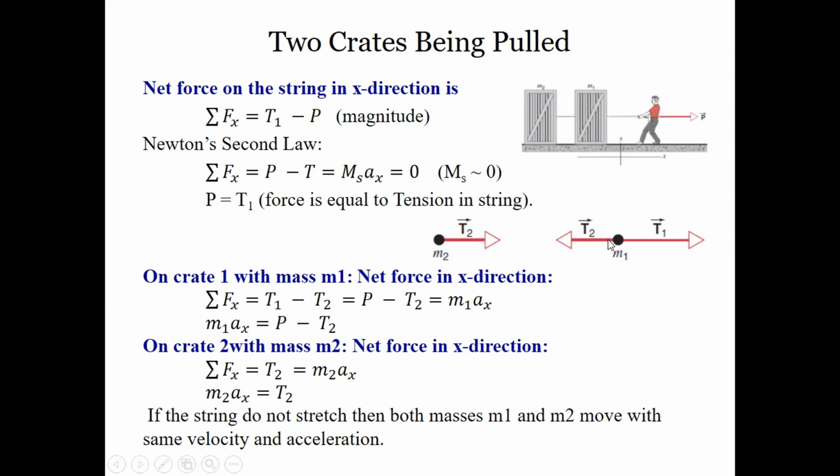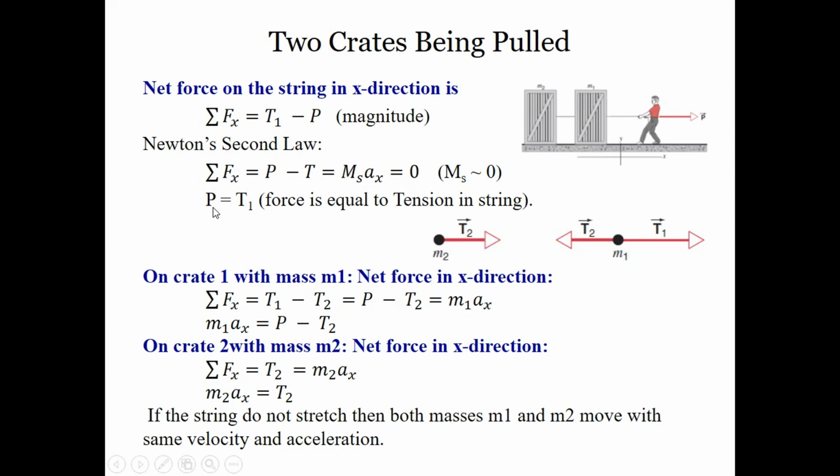So for the force on the string, we know very well that it is, as usual, the tension minus the magnitude of the force P. And according to Newton's law, this is equal to mass times acceleration, and this is equal to 0.